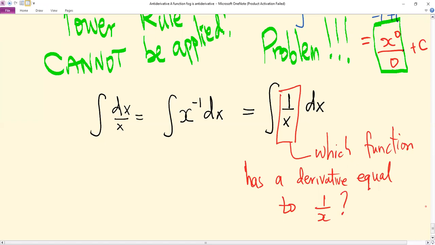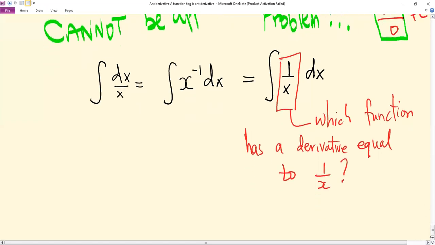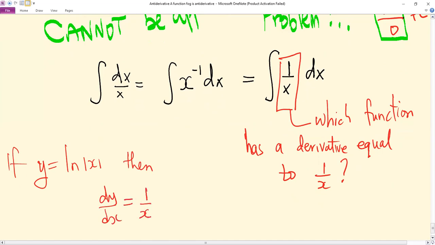And from our rigorous work on differentiation, we know that if y is given by ln of x, then dy dx is given by 1 over x. So therefore, a function whose derivative is 1 over x is ln of x.